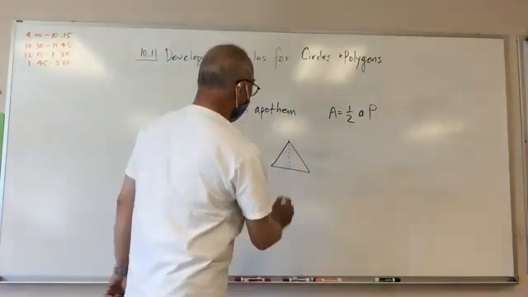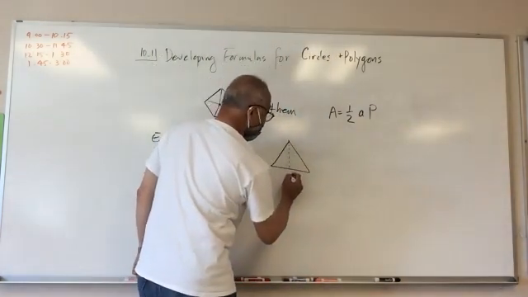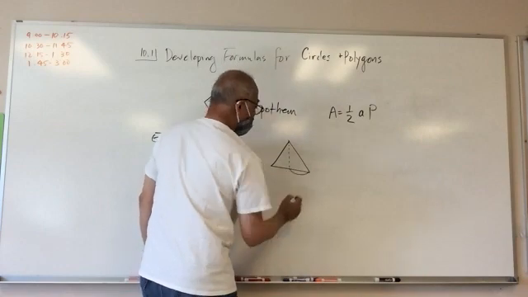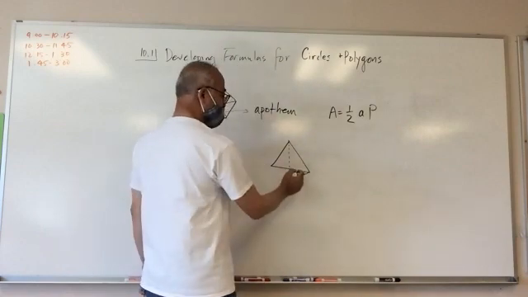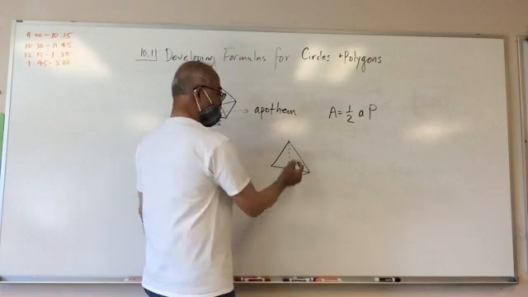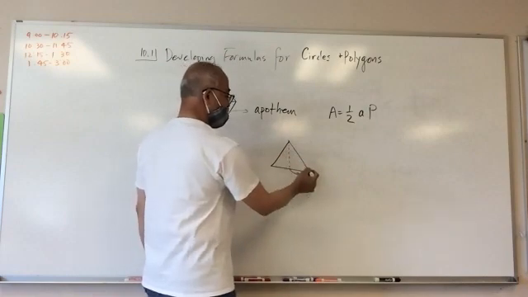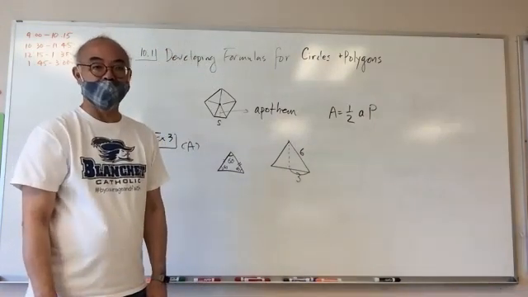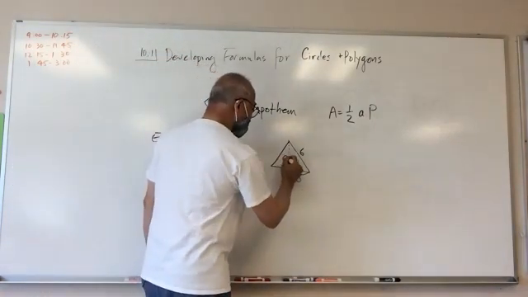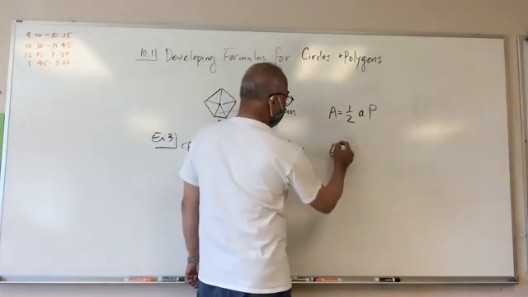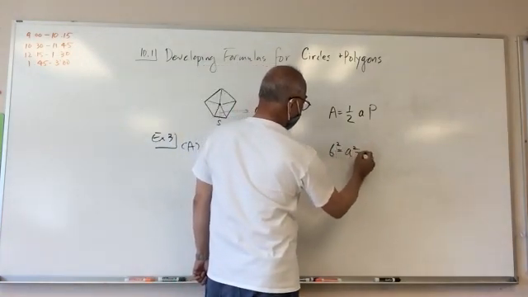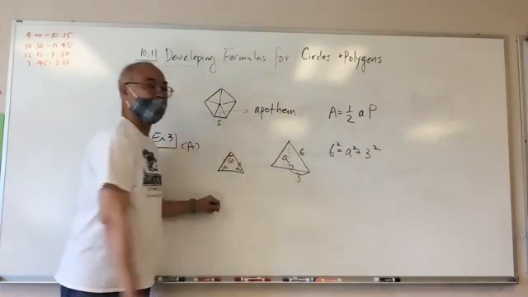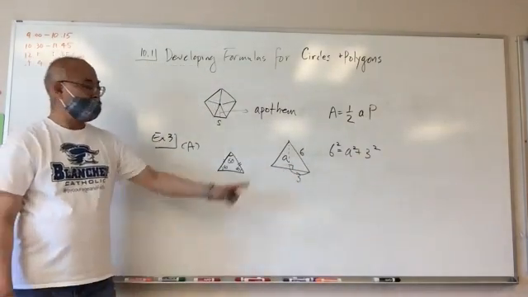As we were told, one side was 6, right? So from here to here is going to be what? 3. Here to here is going to be 6. That's the equilateral triangle. I need to find the apothem A. 6 squared is equal to A squared plus 3 squared. Can you see that? In this triangle right here.